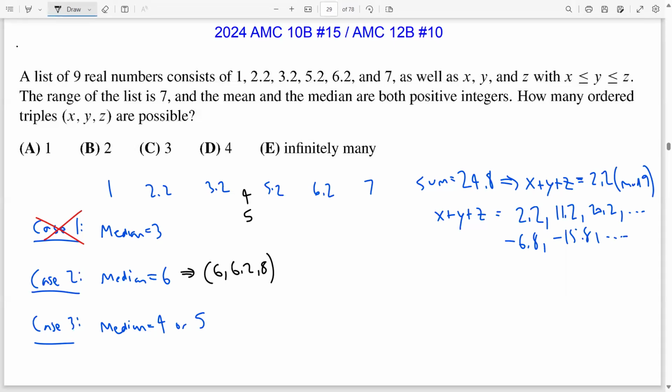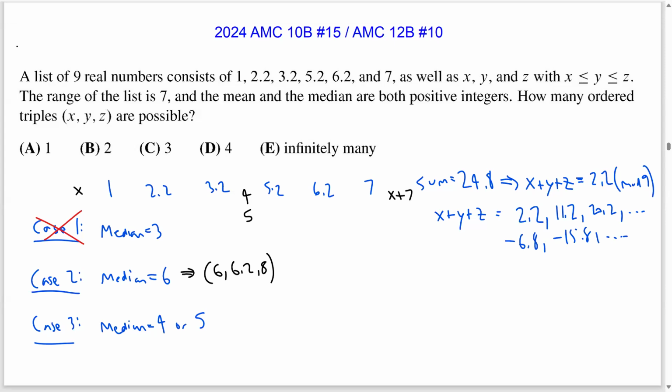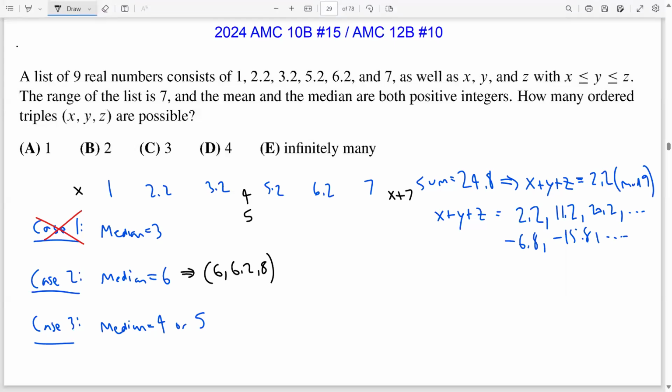And there's even one more case, which is very easy to miss, that the smallest and the largest numbers could be the range, meaning that the smallest number could be x and the largest number could be x plus 7. So we'll need to address these three cases separately.